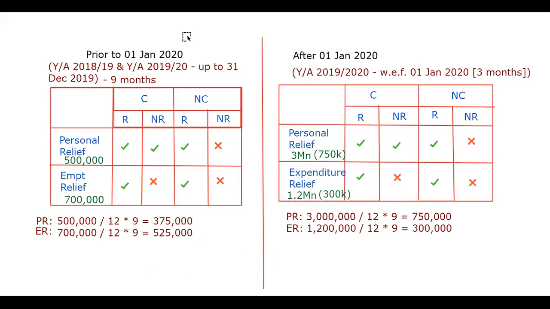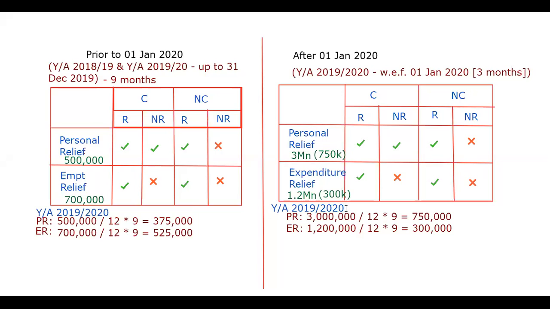I will mention your year of assessment as well for your easy understanding as a mind map. For your year of assessment 2019/20, here also your year of assessment is 2019/20 only for the 3 months.